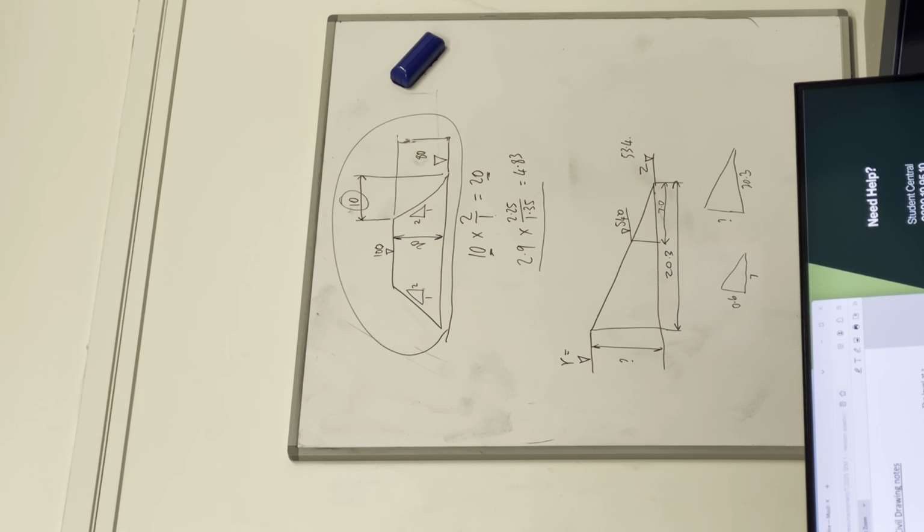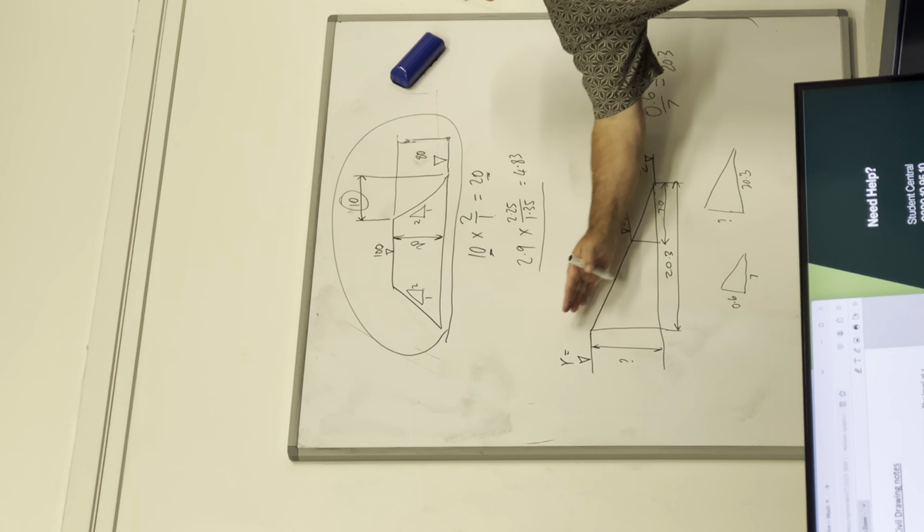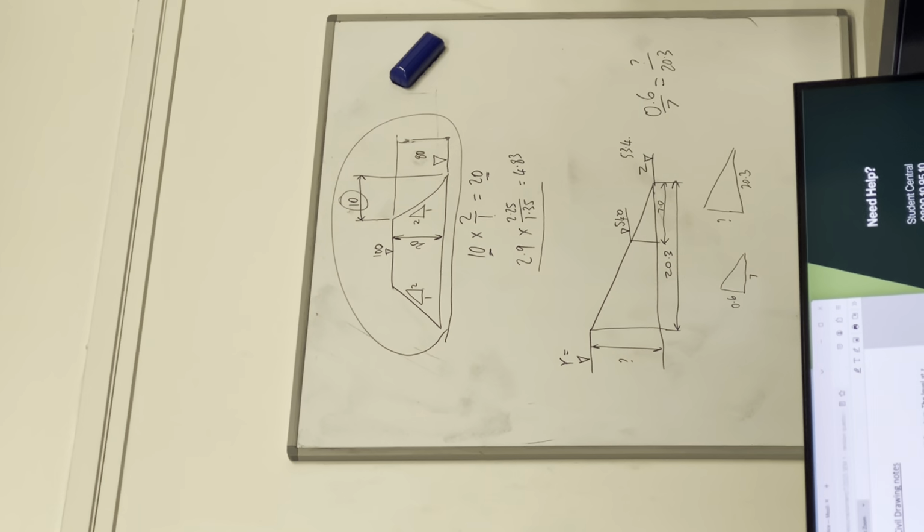Is it just the same as you did before? Is that almost the cut and fill? It's very similar to cut and fill in that 0.6 divided by 7 equals question mark divided by 20.3, because that proportion is the same proportion as that. It's just a continuation of the same triangle.